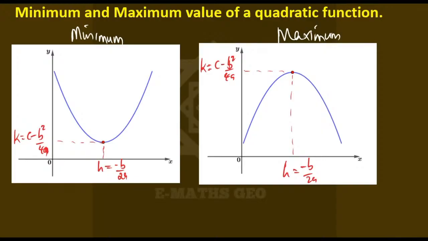It's just the sign of a. If a is greater than 0, we'll have a minimum. So that's the difference. And we are talking about value. Once we hear value, it means the y coordinate. So here, this is the maximum value, and this is always the minimum.